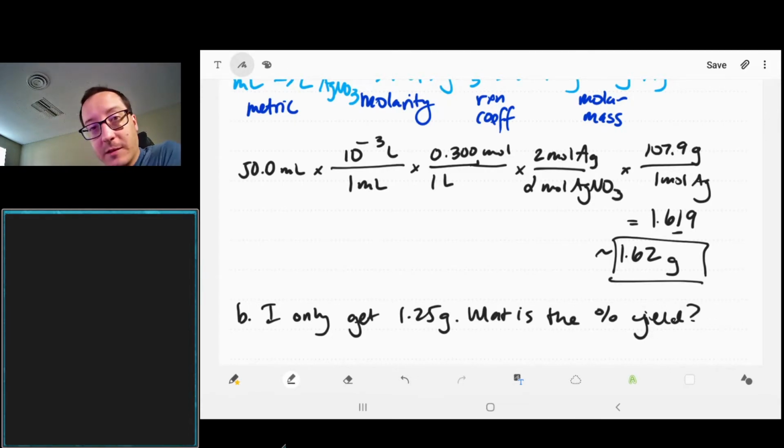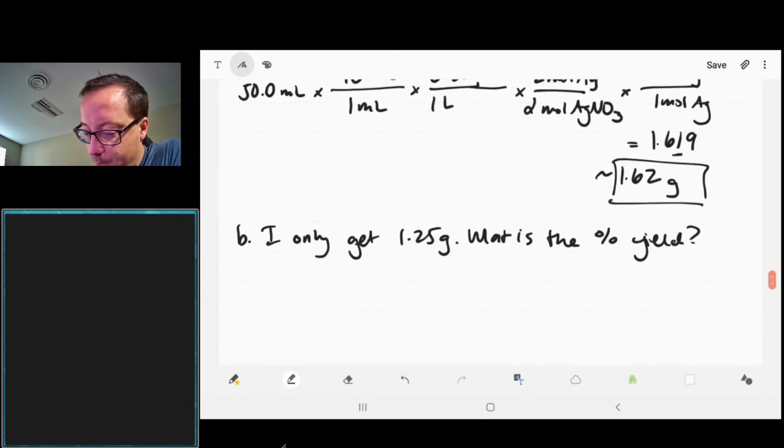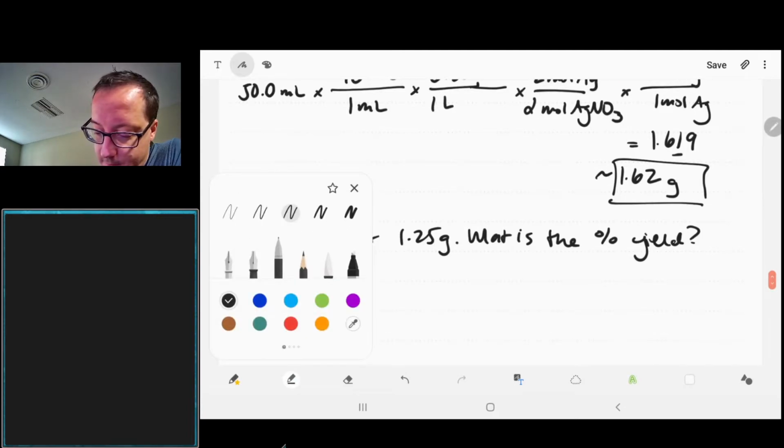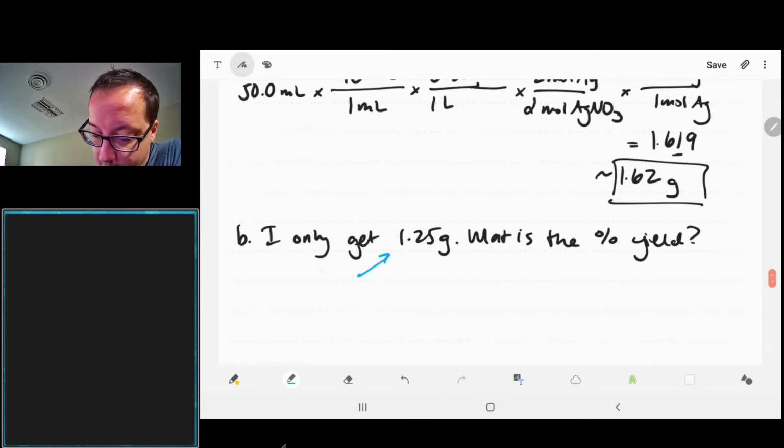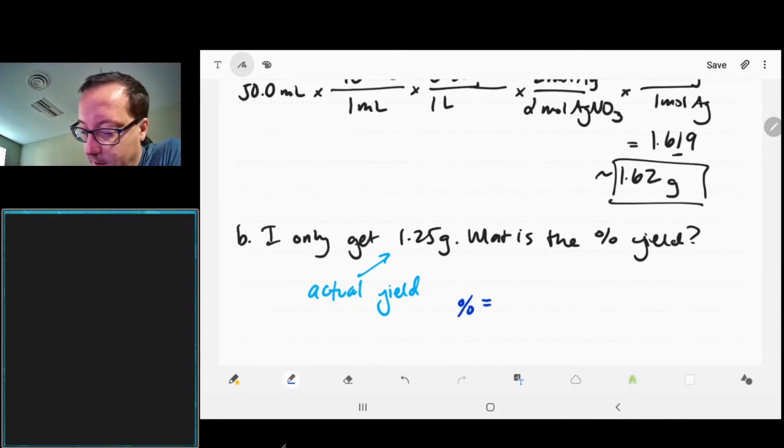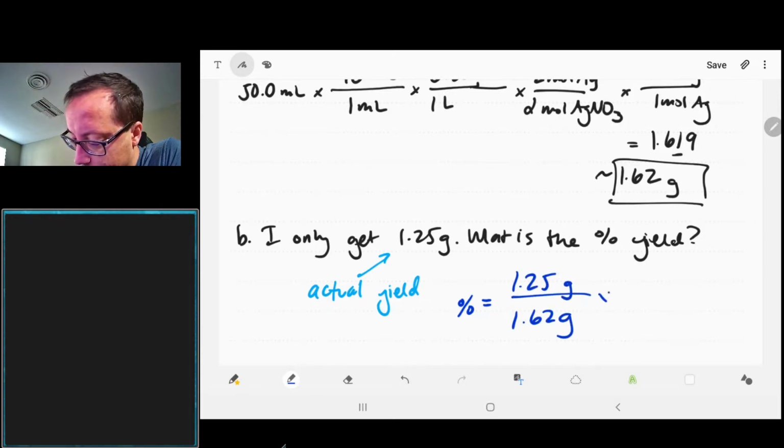We can figure out what the percent yield is going to be. So this is going to be an actual yield here. And if we remember, the percent will be that actual yield over our theoretical yield.